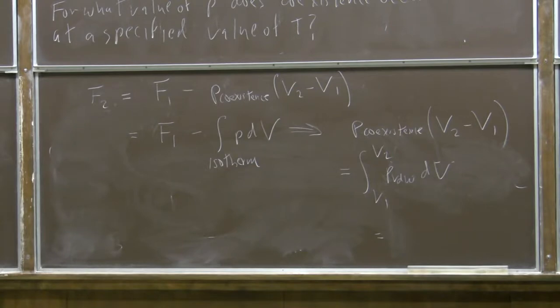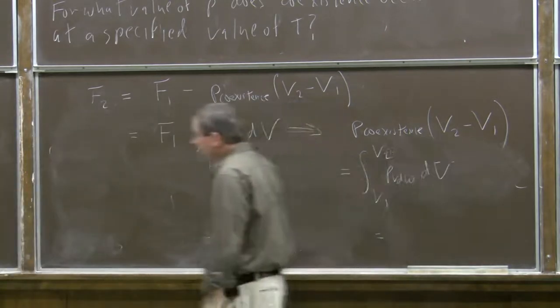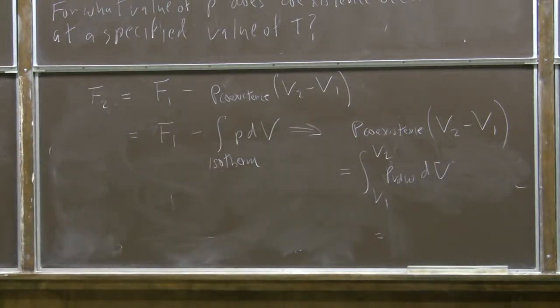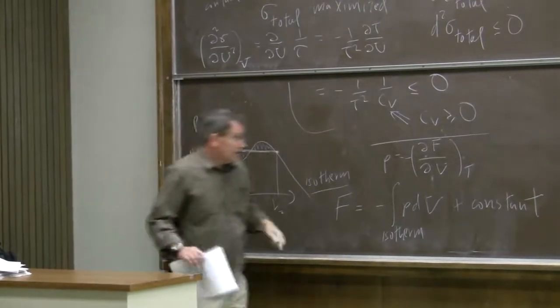And that's just what I was saying here. This is V1 and V2. This is the pressure of coexistence. The area under this horizontal line is P coexistence times the change in volume, V2 minus V1. The area under the isotherm is this integral, and that's equal to P coexistence times V2 minus V1.